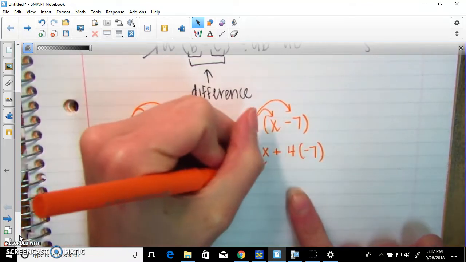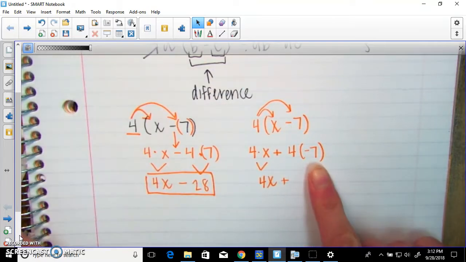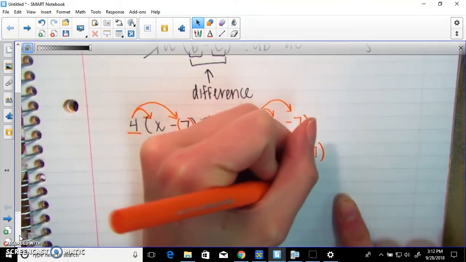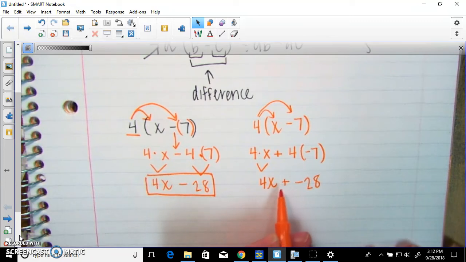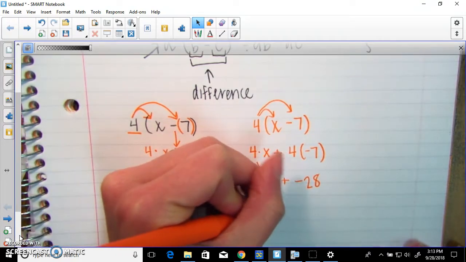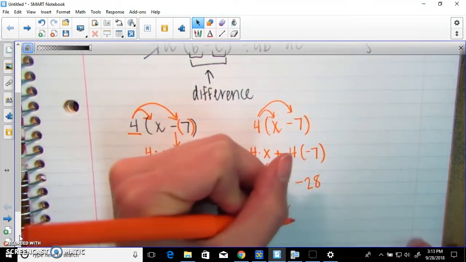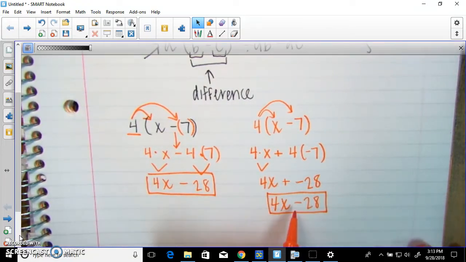So 4 times x gives us 4x plus 4 times negative 7 gives us a negative 28. Now, you don't want to leave two operators right next to each other like that. So if you have plus a negative or minus a negative, you're going to want to go ahead and simplify that to, instead of plus negative 28, it's just minus 28. So either way you do it, you're going to get the same answer.